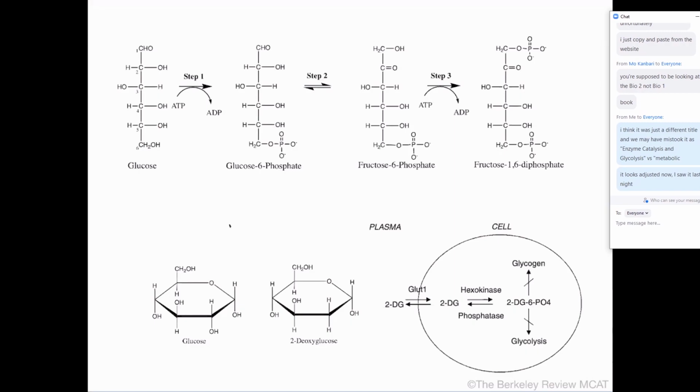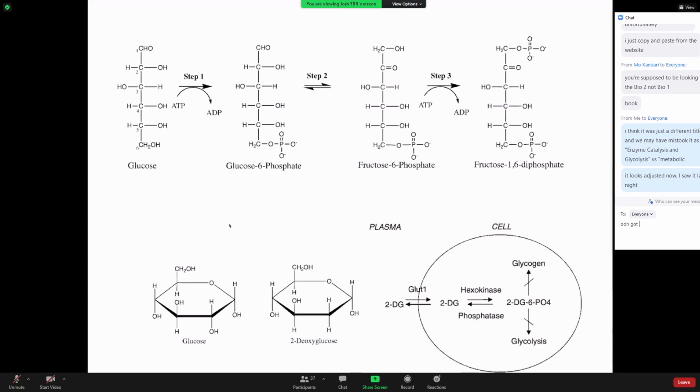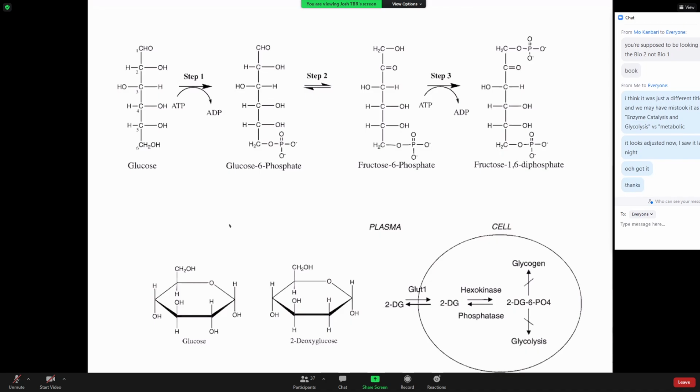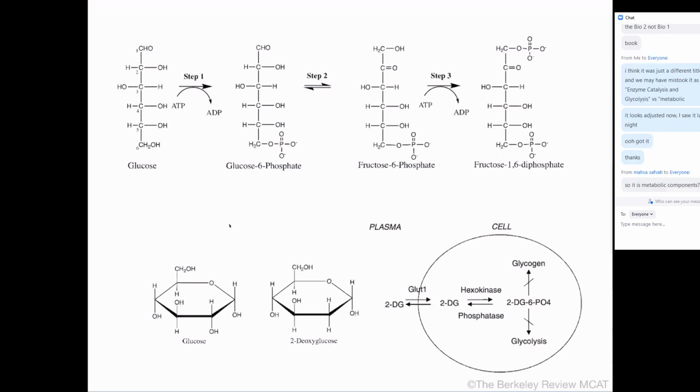Right. And so metabolic components, right? If you're like, wait, this doesn't make sense, maybe open the book and start reading metabolic components and realize that it's going through a bunch of enzyme kinetics. The titles might be slightly different, but it's the same content. That's going to be especially the case when psych and soc start happening.